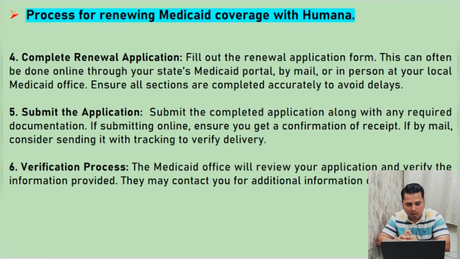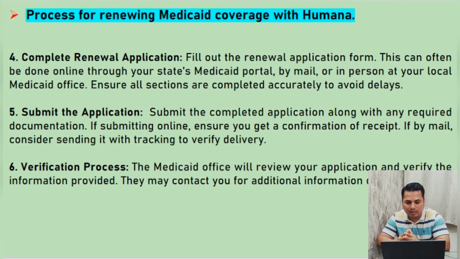Now, number 4, complete renewal application. Fill out the renewal application form. This can often be done online through your state's Medicaid portal, by mail, or in person at your local Medicaid office. Ensure all sections are completed accurately to avoid delays.